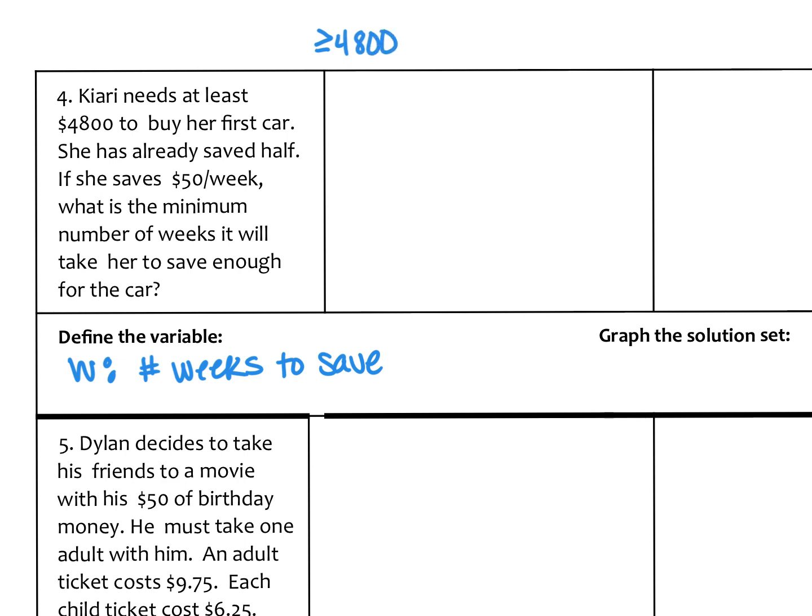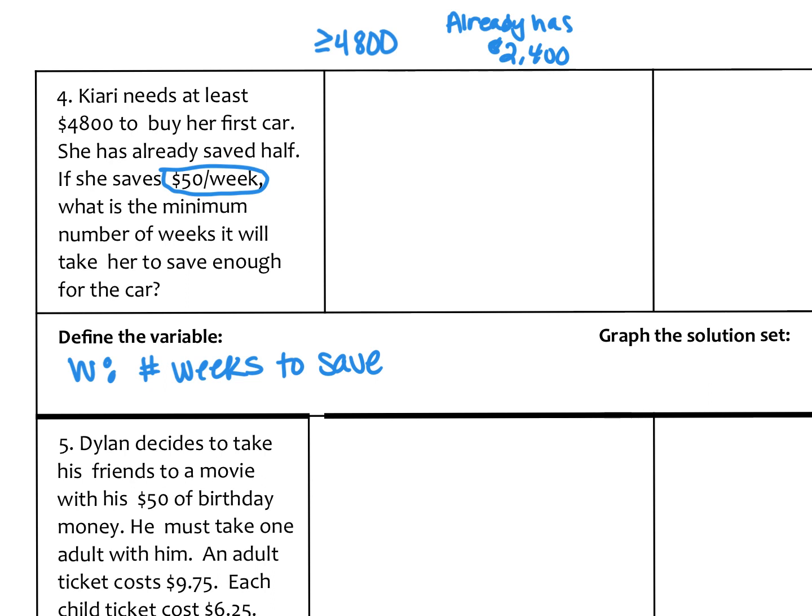And she already has half of that. She already has half of $4,800. So she already has $2,400. Okay, she already has $2,400, and she's going to do $50 per week.